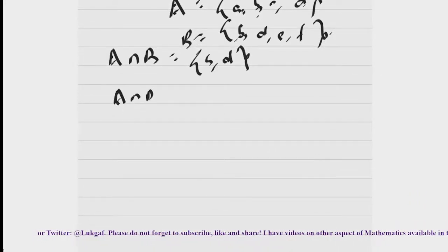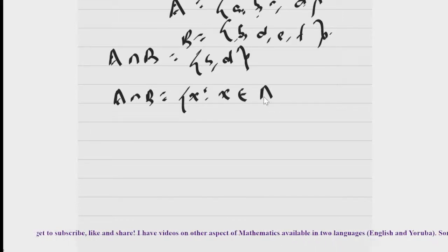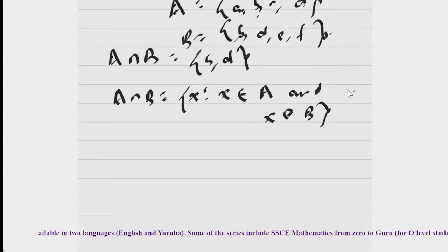Your A intersection B is a set of x such that x is an element of A, and you have to note that, and x is an element of B. If you say, or is different from and. And means they have both, they have things in common. You understand that?